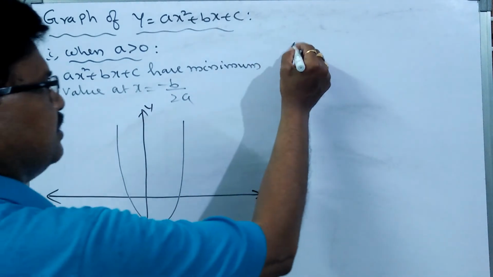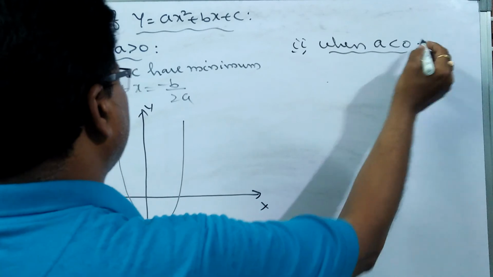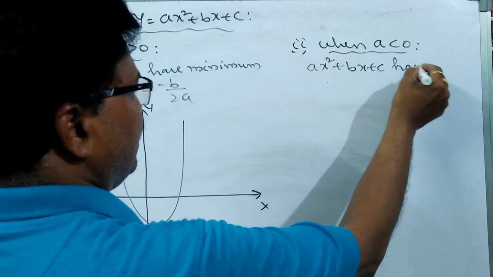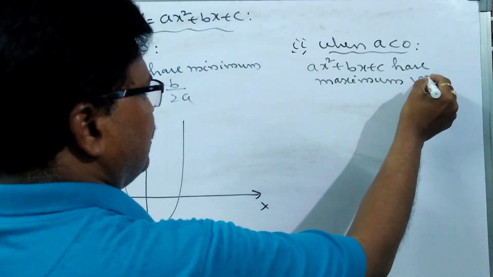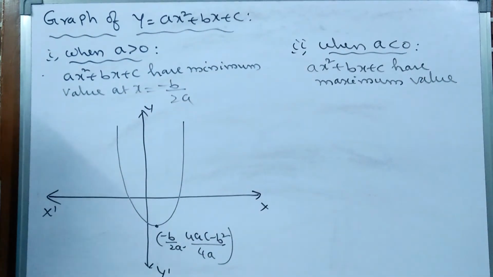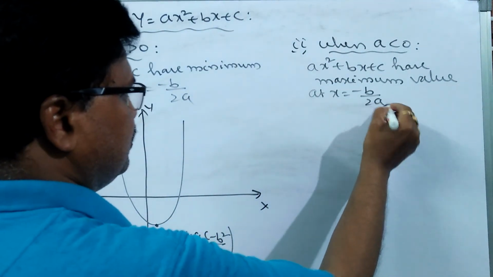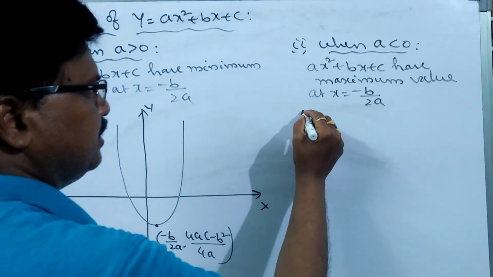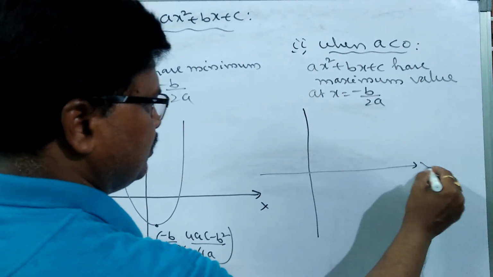And in the second case, when a is less than 0, ax square plus bx plus c has maximum value at x is equal to minus b by 2a. The vertex will not change, it is the same, but here it is having the maximum value.